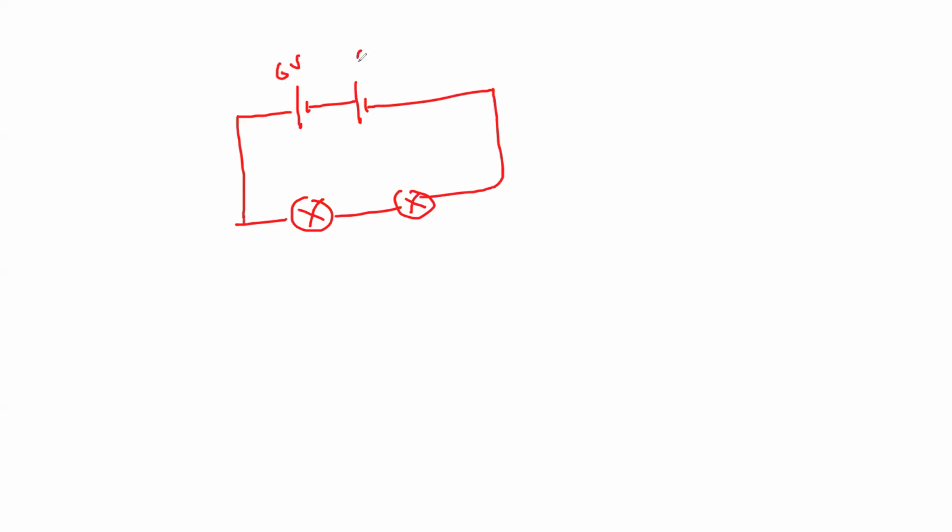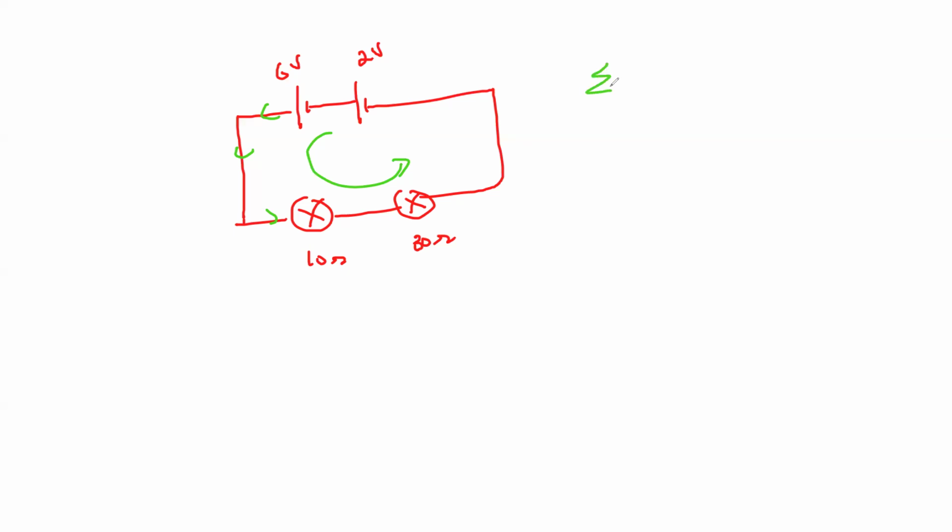This is 6 volt, this is 2 volts. This was 10 ohms, this is 30 ohm. And now both are pushing the current in the same direction. So this will be the direction in which the current will flow.